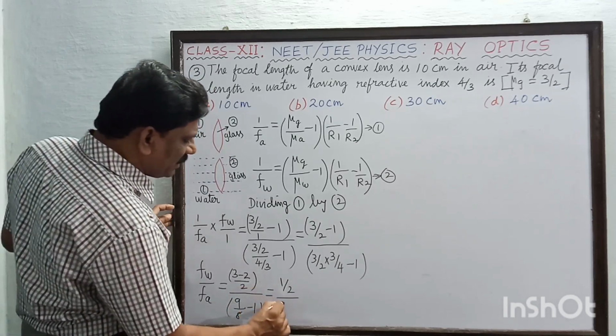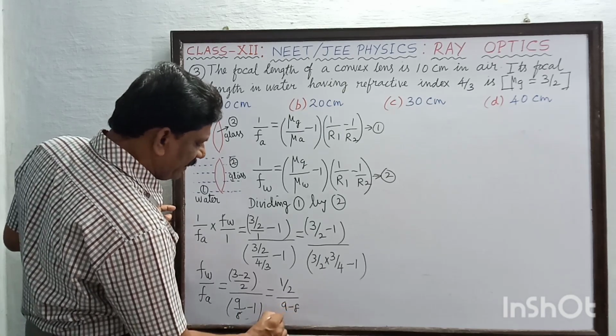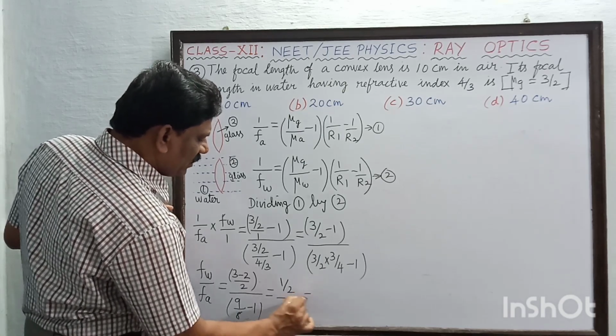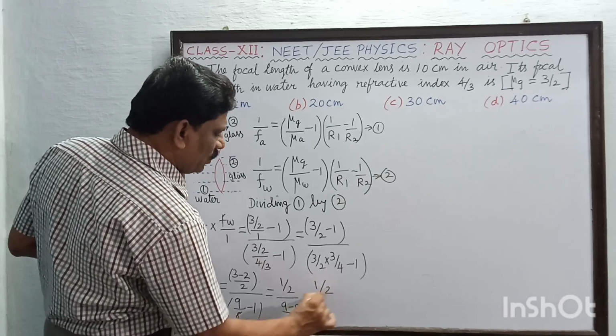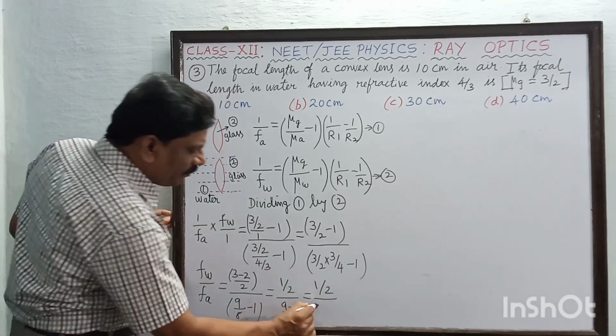So 1/2 divided by (9 minus 8)/8. So this is equal to 1/2 divided by 1/8.